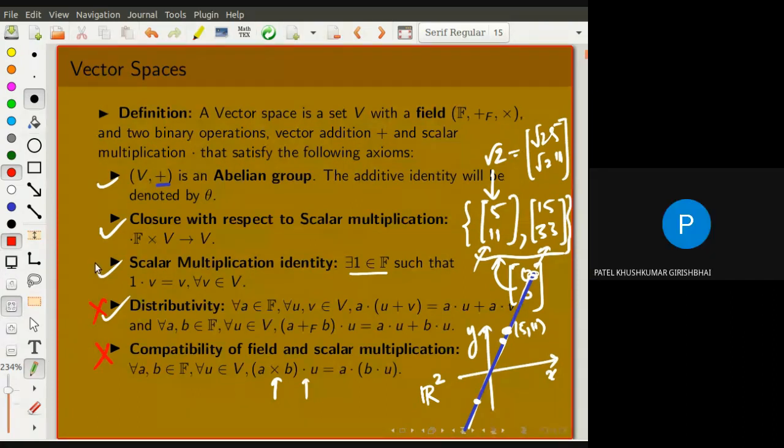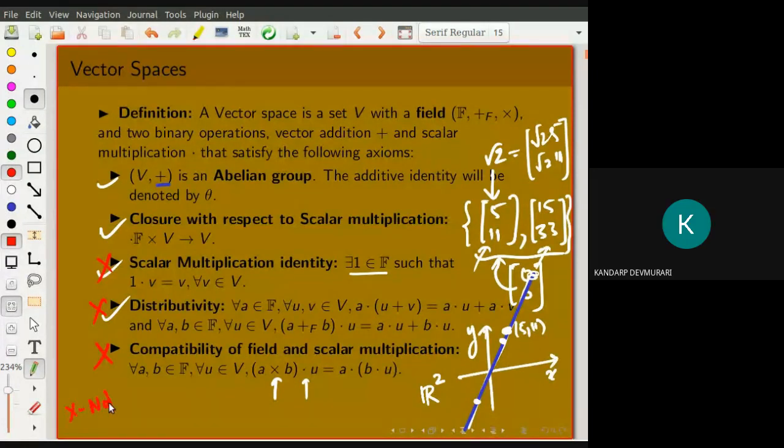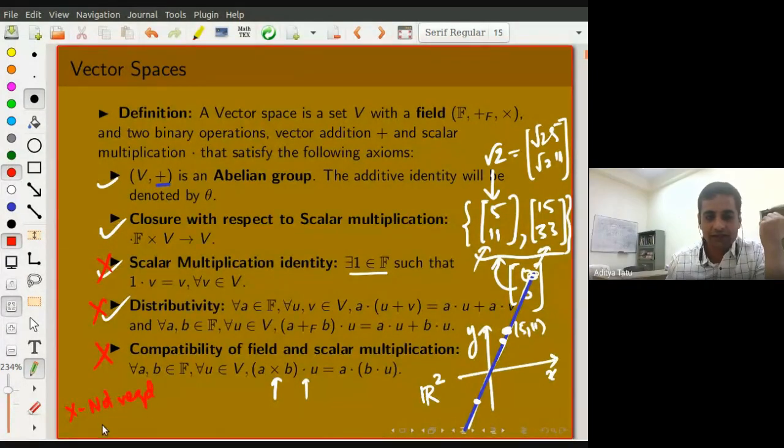What does it say? One belongs to the field, an element in the field. It has nothing to do with the subset of V. Yes, sir. Then this also we do not need to check. Exactly. How about closure with respect to scalar multiplication?